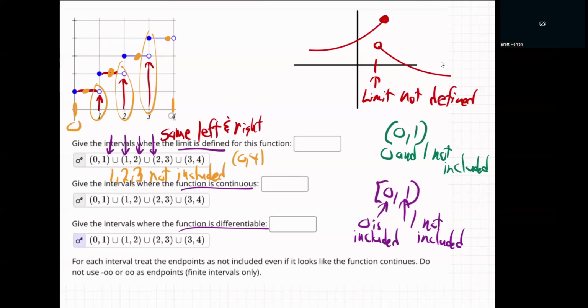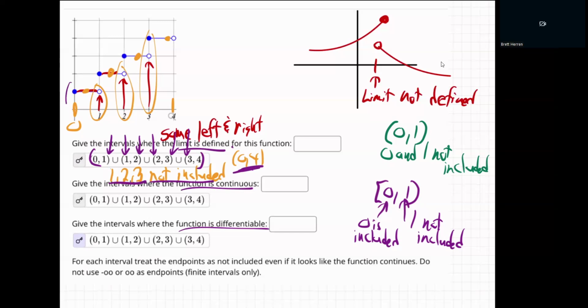If they'd put a bracket, that would include the 2, but they didn't. And they put a parenthesis on both the 3's. So that's how they're saying 1, 2, and 3 are not included. It basically goes everywhere from 0 to 4, but doesn't include 1, 2, and 3, specifically because there are parentheses on all those numbers.